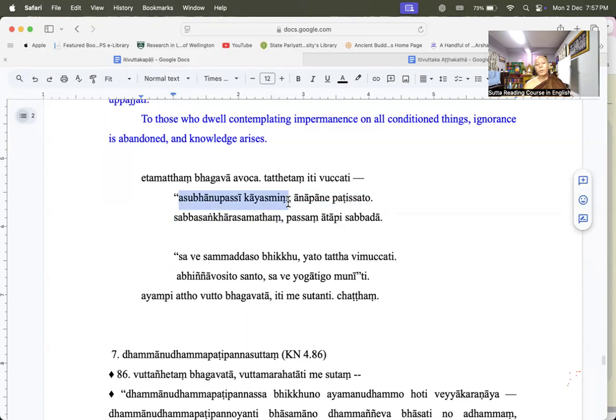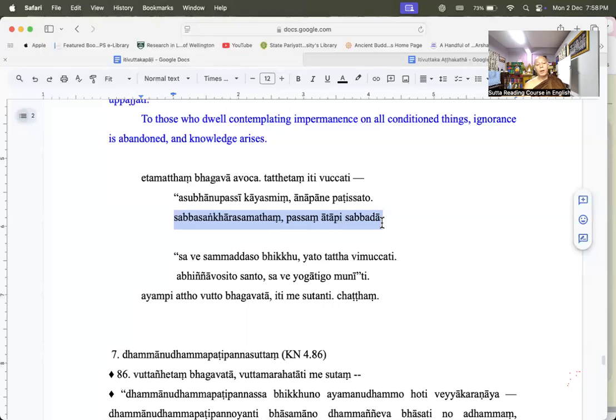One who contemplates the foul on the body, one who has established mindfulness of breathing in and out, and one who ardently sees the calmness of all conditioned things.